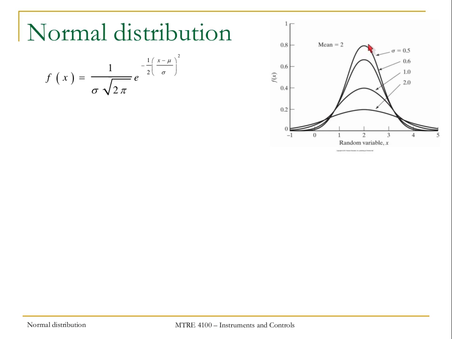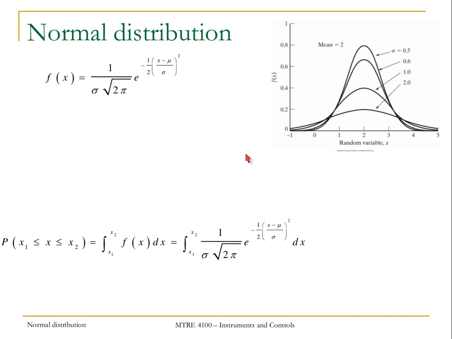That means that a smaller standard deviation will give you more values close to the mean. And when we have a big standard deviation, our values are going to be spread out more around the mean. Again, the integral of this curve is going to be 1, no matter what the value for the standard deviation is. So that's why we have a more narrow but higher peak for smaller standard deviations.